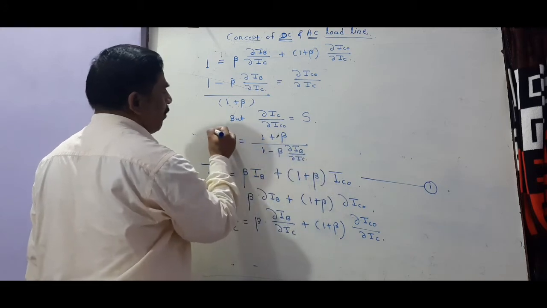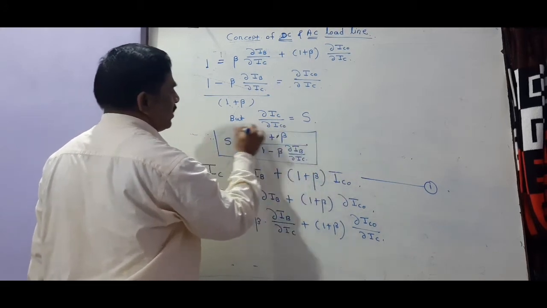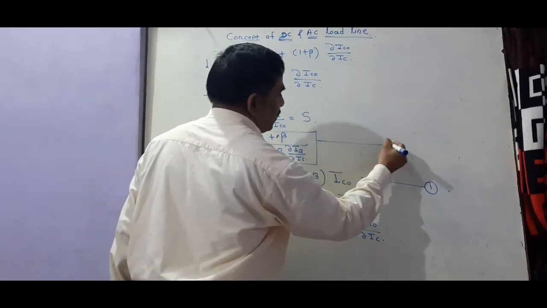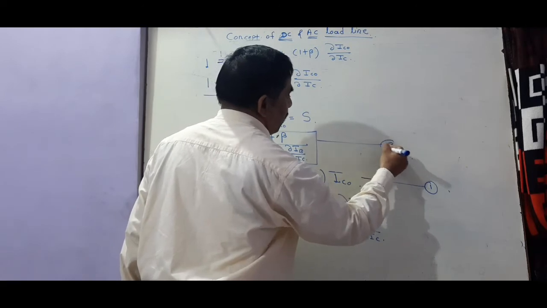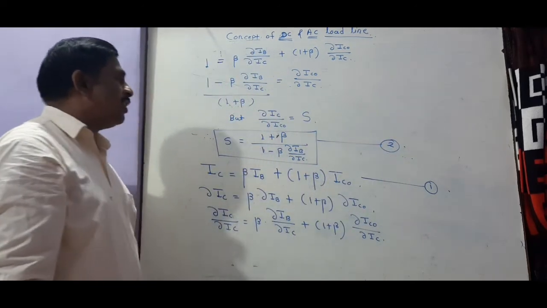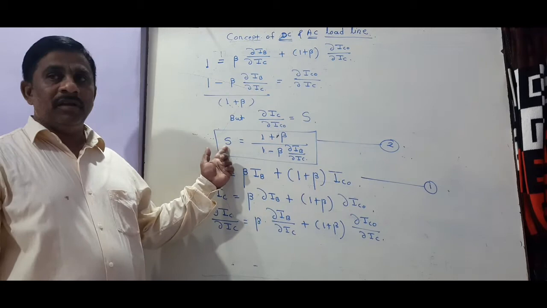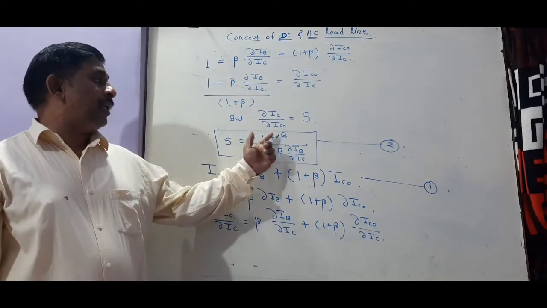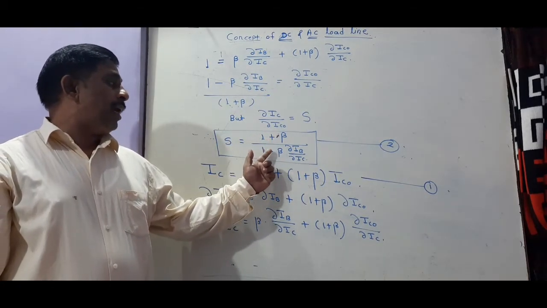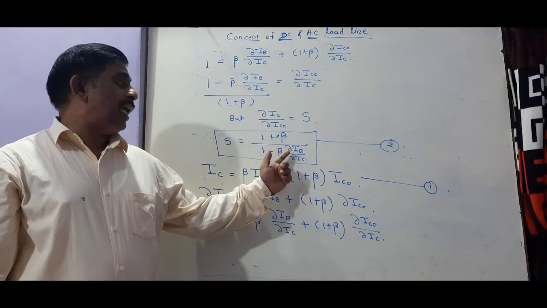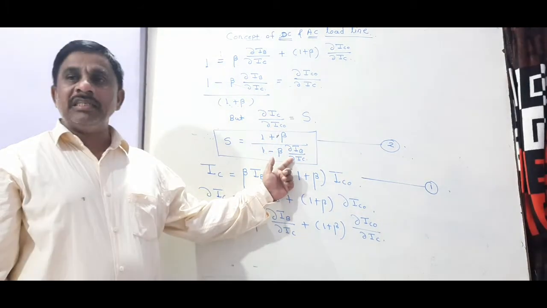So this is the required equation to find the stability. This is called equation number 1, and it is the general equation of stability: S is equal to (1 + beta) upon 1 minus beta into delta IB upon delta IC.